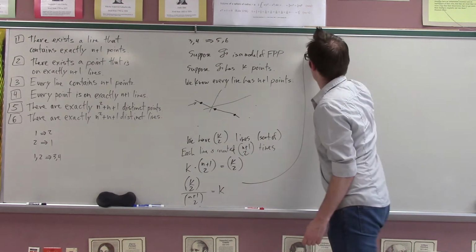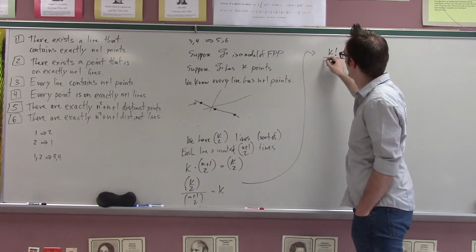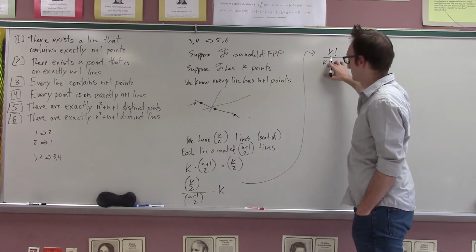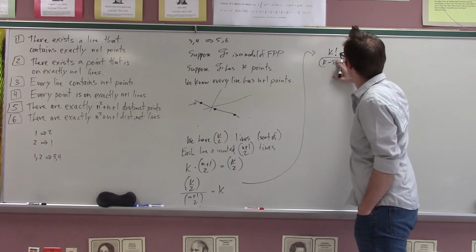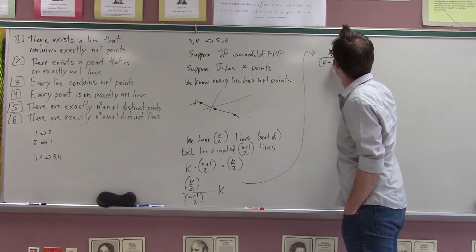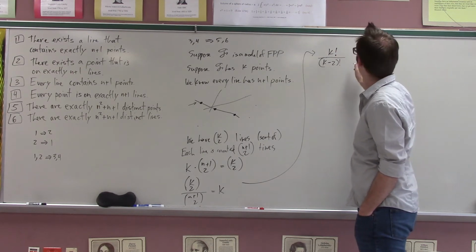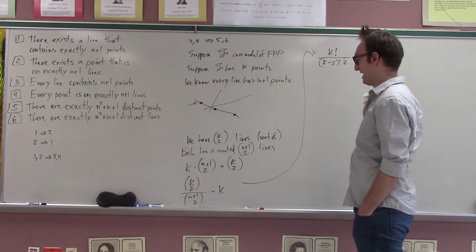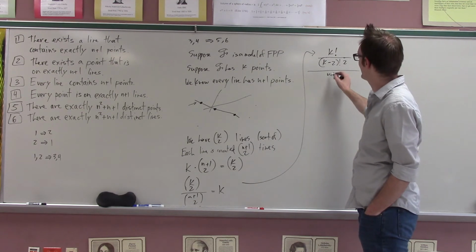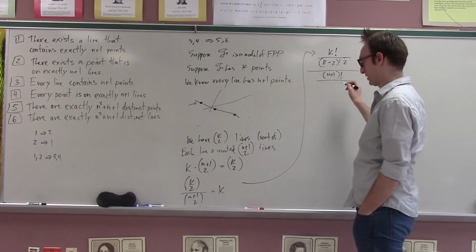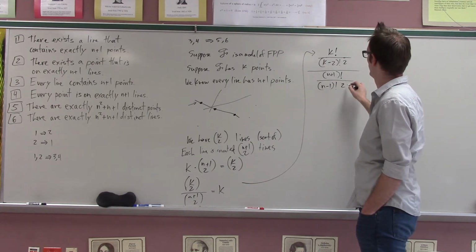All right, and now you just do a little bit of algebra. k choose 2 is k factorial over k minus 2 factorial times 2. If you divide that by n plus 1 choose 2, that's n plus 1 factorial over n minus 1 factorial times 2.